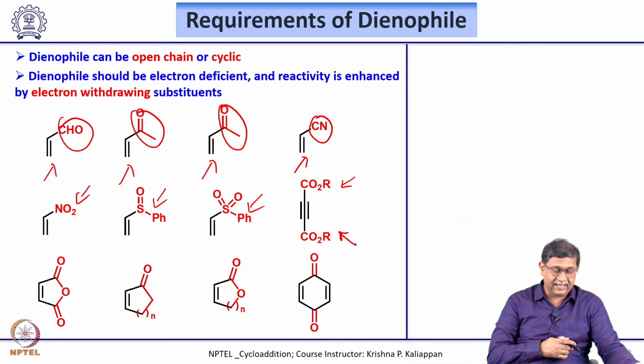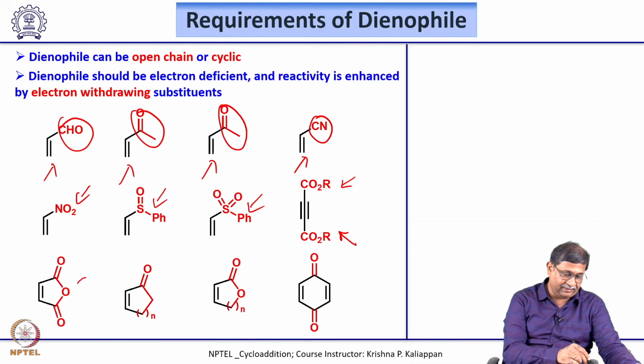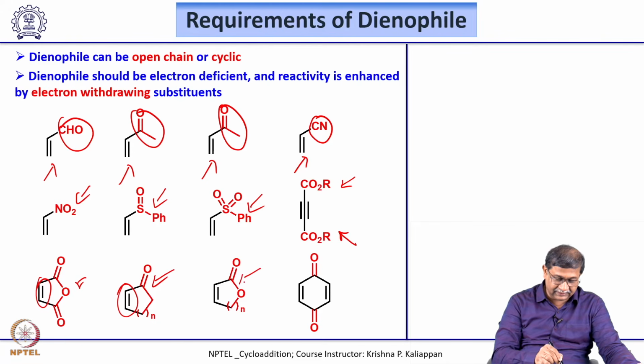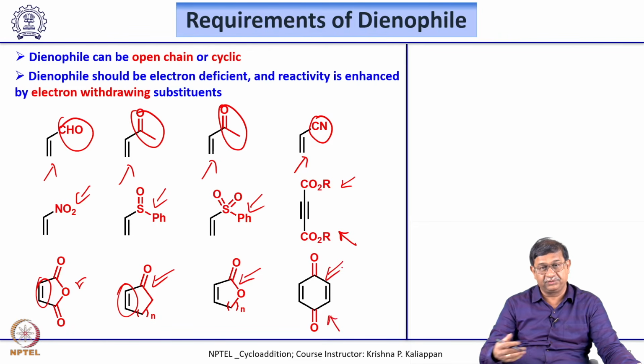And if you look at this case, here you have anhydride and this double bond can act as dienophile. You have cycloalkenones, you have a ketone as electron withdrawing group. This is a lactone, can act as an electron withdrawing group. So this is a benzoquinone or substituted benzoquinone. You have two ketones which can be electron withdrawing.